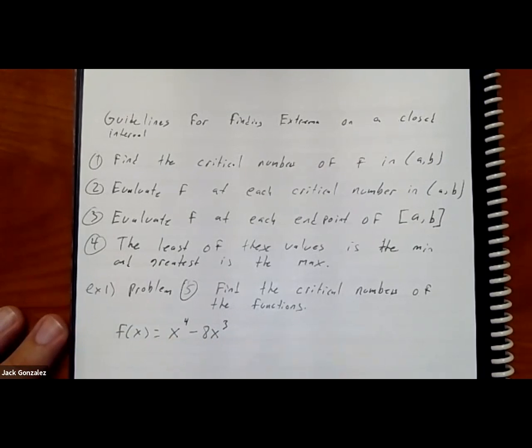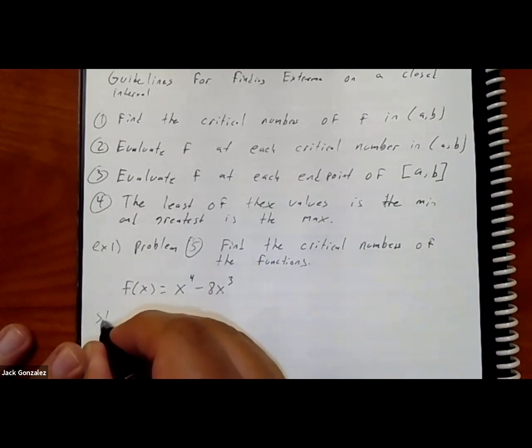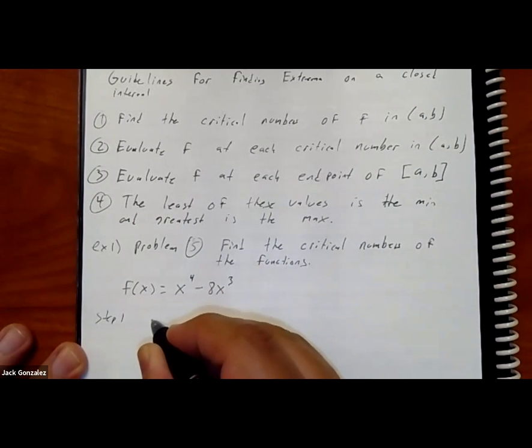Okay. So the way you find them is to first take the derivative. So step 1, find f prime, right?